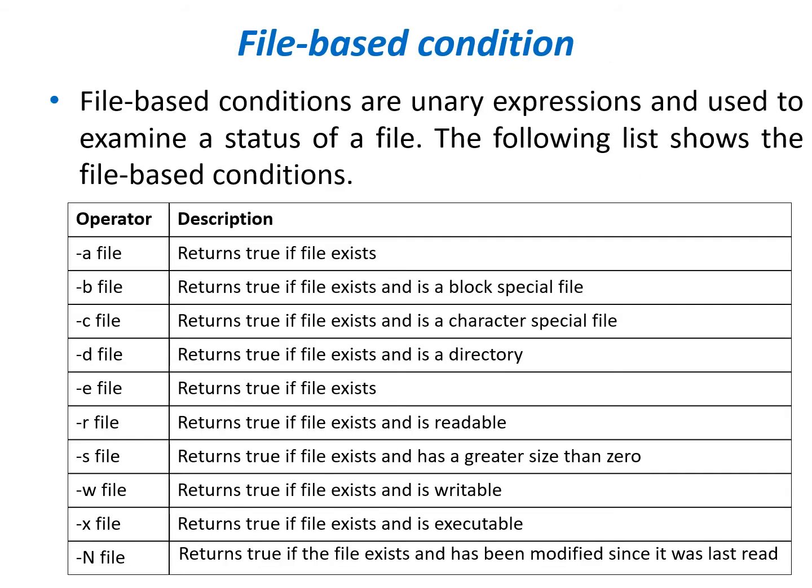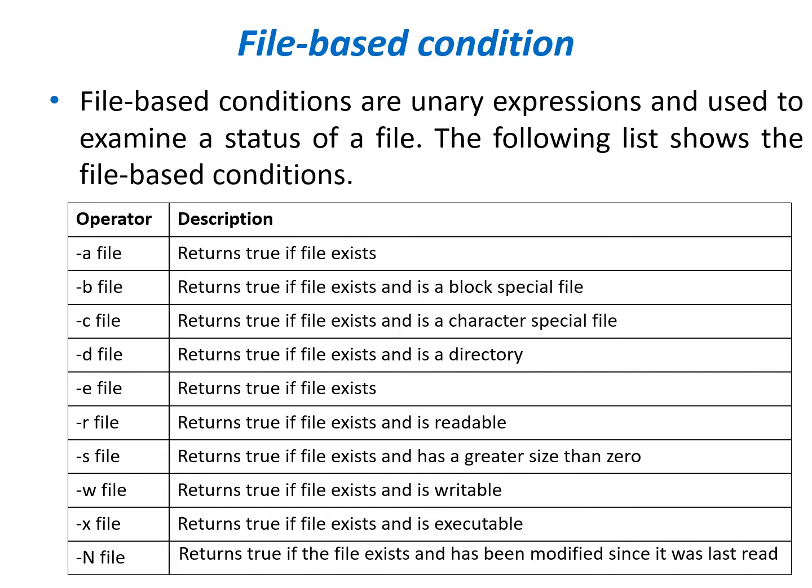At first we take file-based conditions. File-based conditions are unary expressions and used to examine the status of a file. The following list shows the file-based conditions. Dash a file returns true if file exists.